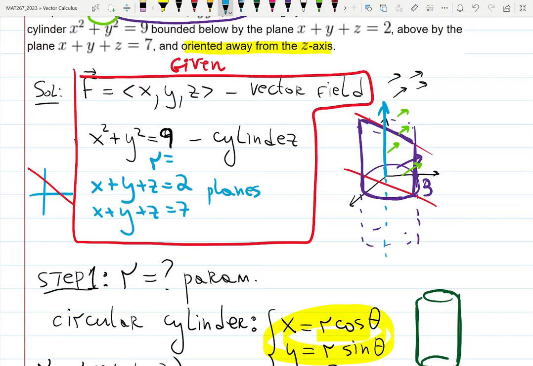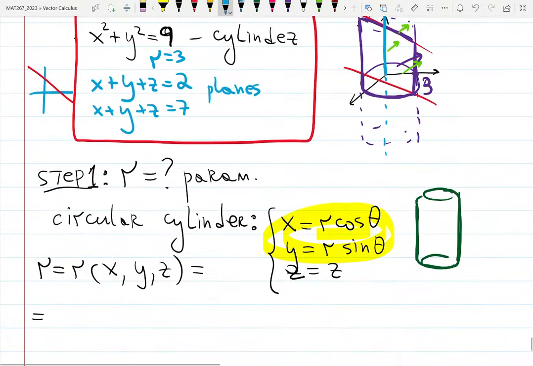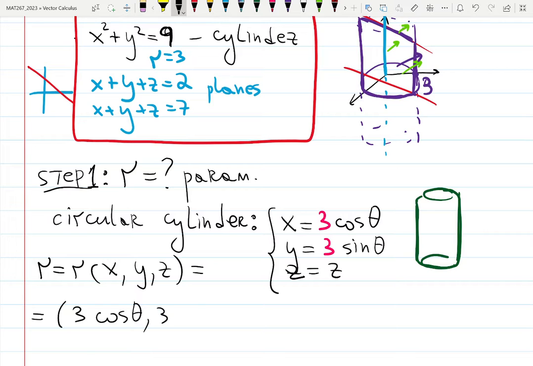Now I can see it's not a very good choice, small r and capital R. This is the radius. Let's call it capital R, 3. And to be honest, I will just erase this and call it 3, because it is 3. So our parameterization is now x is 3 cosine theta, y is 3 sine theta, and z is z.